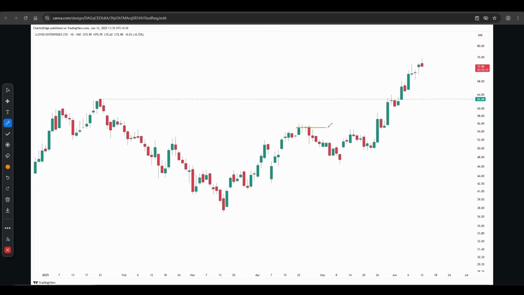Let me draw this more clearly right here. Now after this base was formed, again a good expansion candle, and look at this pullback candle. Although the candle looks a little bit scary, look at where it is forming. Good breakout, right? Minimal selling pressure.